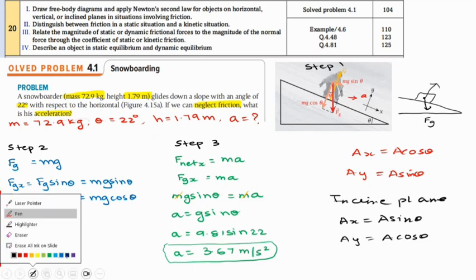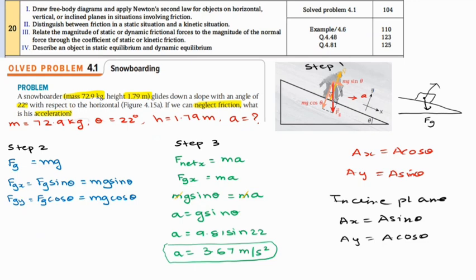Now for an inclined plane, x-axis is along the incline. So this is my x-axis. Y-axis is perpendicular to that surface, perpendicular to x. This is my y-axis. Normal will be along y-axis, perpendicular to the surface. And since we are neglecting friction, I will not have to draw friction here.